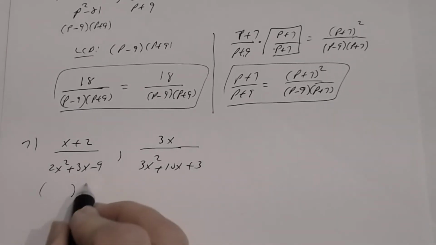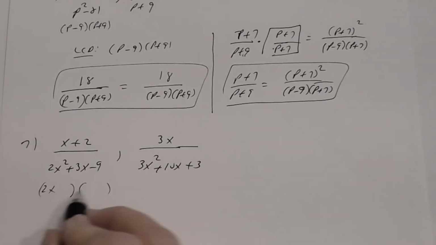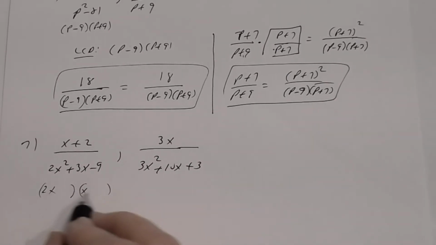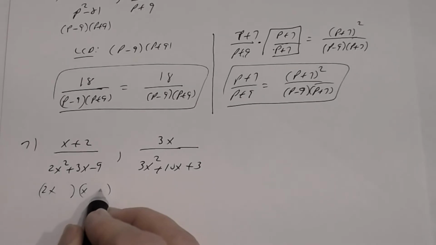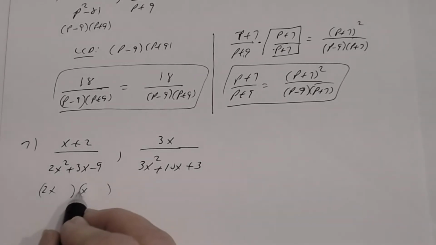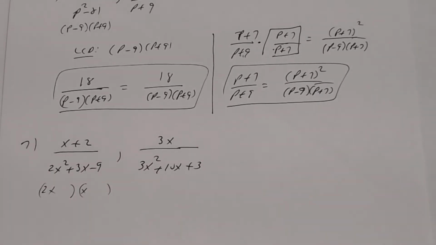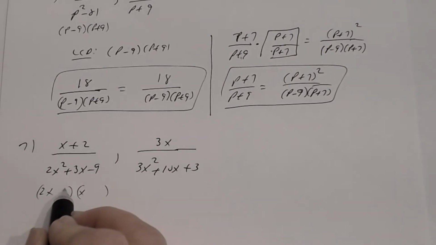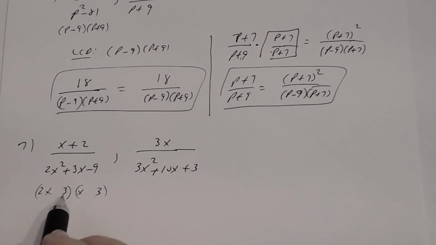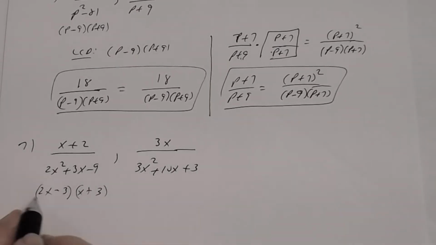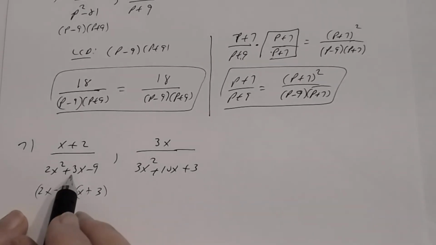So if I factor this, that's 2x and x. The last sign is negative, so those signs are different. And let's try 3 and 3. Let's put this is negative, this is positive, and see if that works. So that's a 6x, that's a negative 3x, and I get positive 3x, so that works.